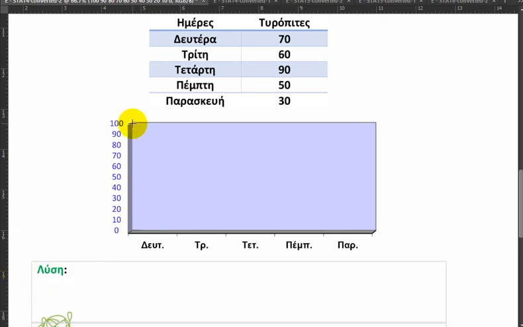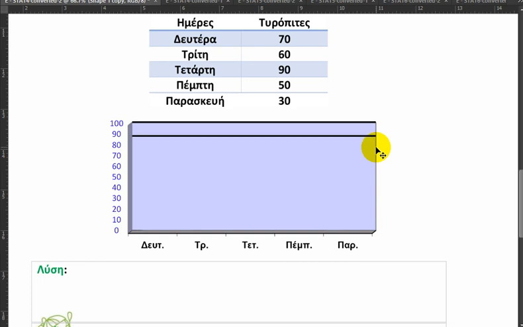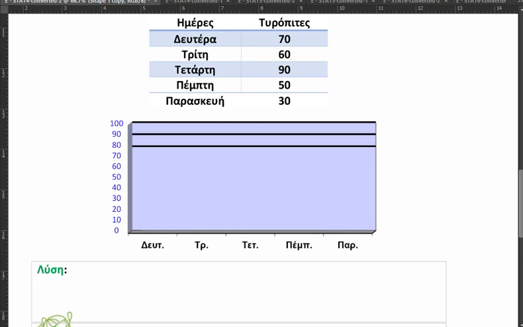Right, so 100 is up here. Right? 90 is here. 80 is here. 70 is here.